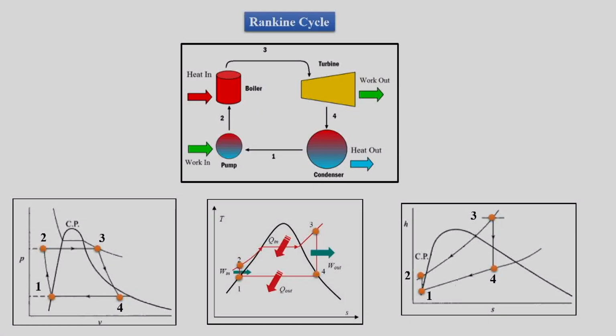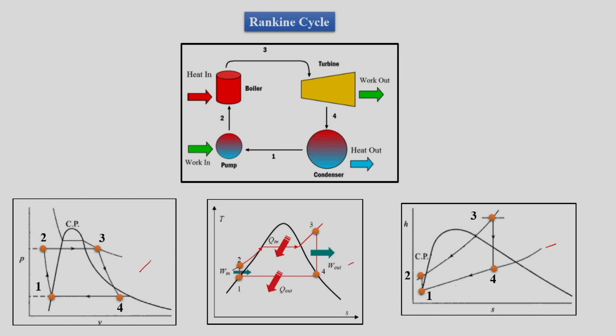Now, in the same umbrella, we will try to understand the factors for the Rankine cycle. We know that this is our Rankine cycle, where we have pump, boiler, turbine and condenser. We have drawn the Rankine cycle earlier: this was the PV diagram, this is the TS diagram, and this is the HS diagram for the Rankine cycle.